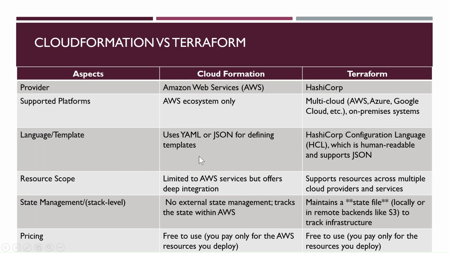CloudFormation has no external state management, and it tracks the state within AWS. But Terraform maintains state files, locally or in a remote backend like an S3 bucket, to track the infrastructure.